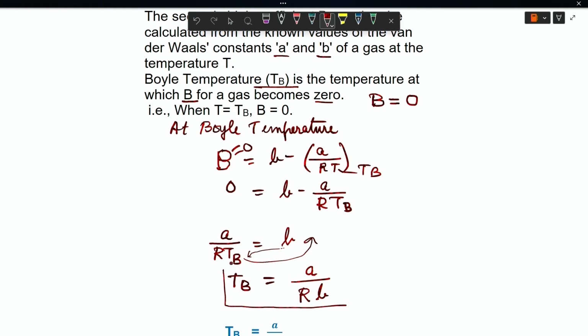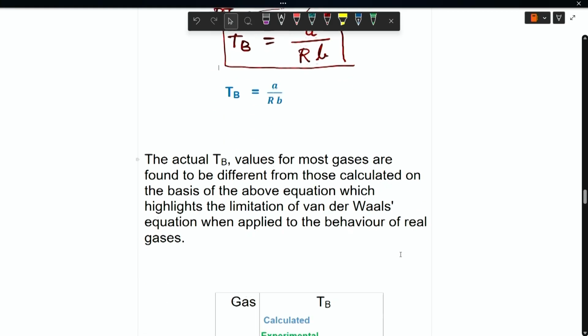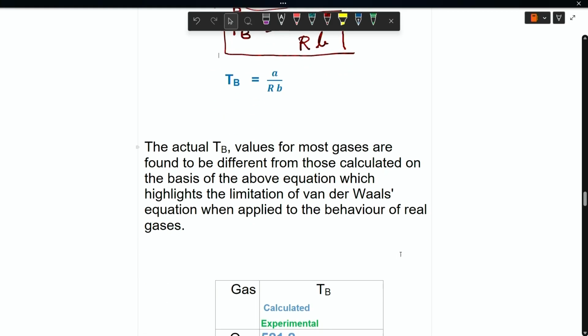So, this is the expression for Boyle temperature, which has been derived from the van der Waals equation in terms of the virial form, and comparing the virial equation with that, we get TB is equal to A by RB.